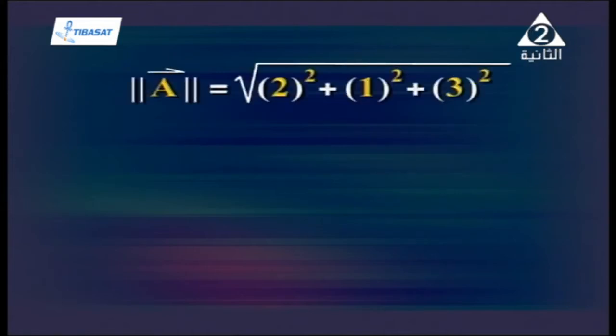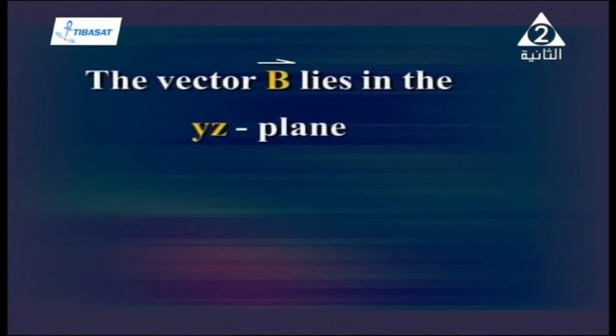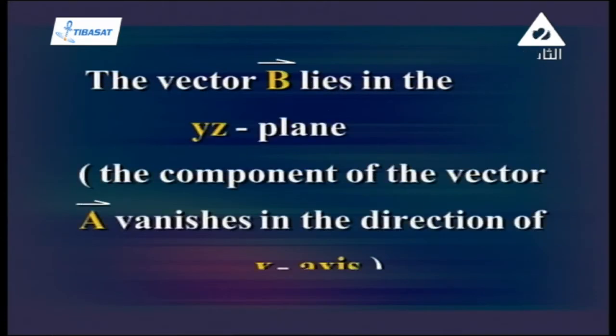Norm of vector A equals the square root of 2 squared plus negative 3 squared plus 1 squared, which equals square root 14. Norm of vector B by the same method, square root of 0 squared plus 4 squared plus negative 3 squared, equals 5. The vector B lies in the y, z plane. The x component of vector B vanishes, equals 0.